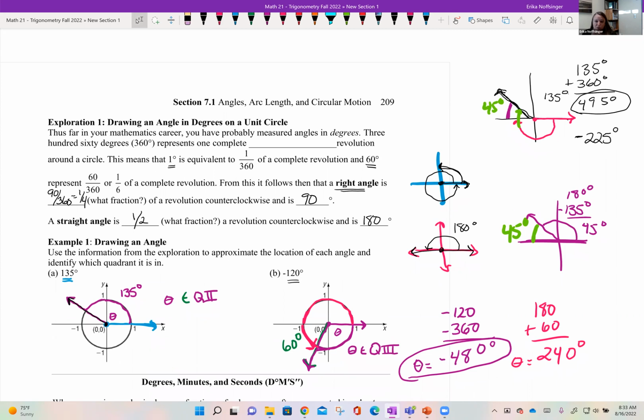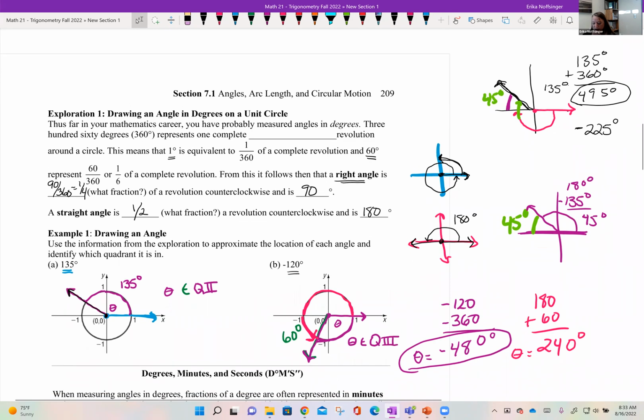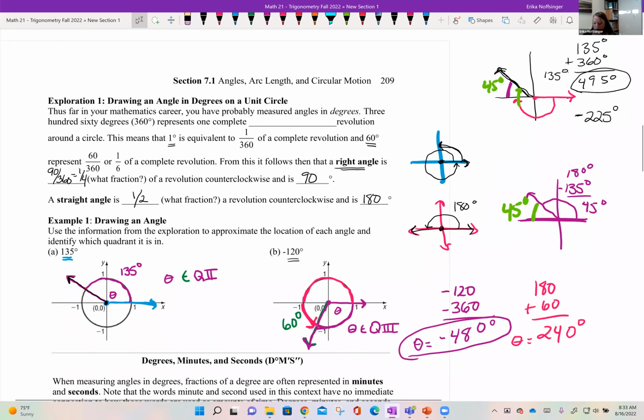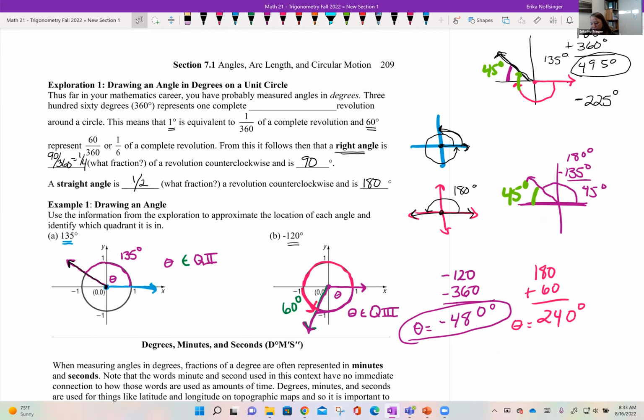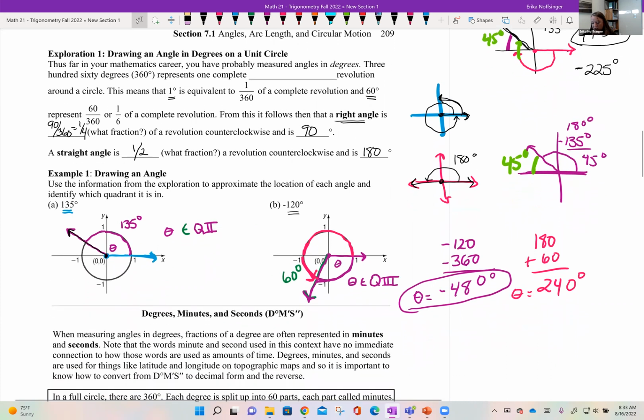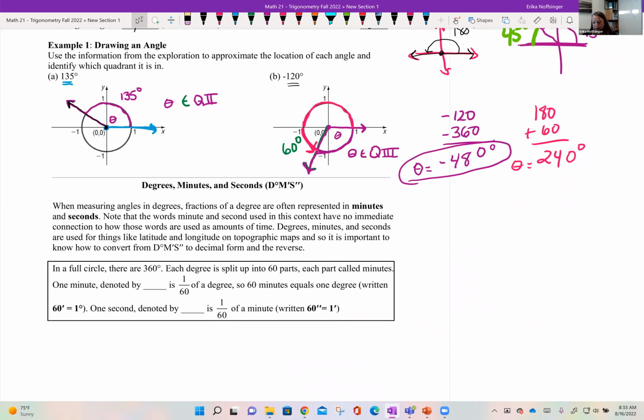Okay, so there are different ways that we can denote these angles. Right now, we've just been doing degrees, but we can take degrees and rewrite them as degrees, minutes, and seconds. This, I believe, is used in navigation.